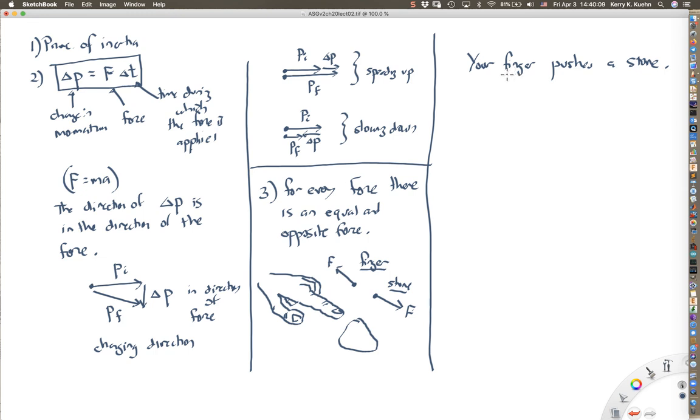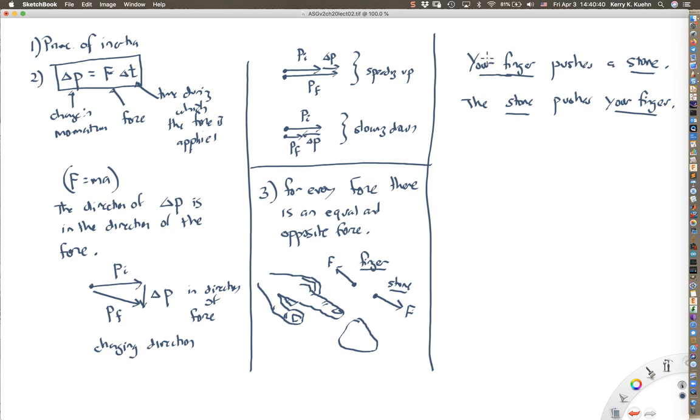This is the subject of the sentence. And this is in the accusative case, you might say, if you study Latin. Otherwise, you'd say it's a direct object in English. Your finger pushes the stone, and how do you figure out the opposite force? Well, the stone pushes your finger. You're literally just exchanging the subject and the direct object in these two sentences.